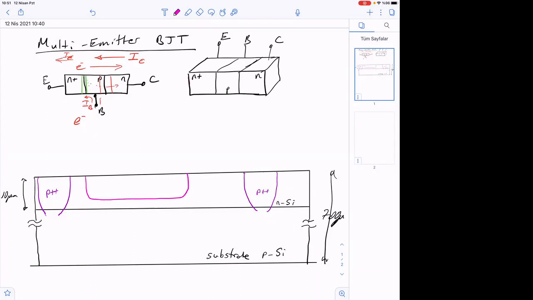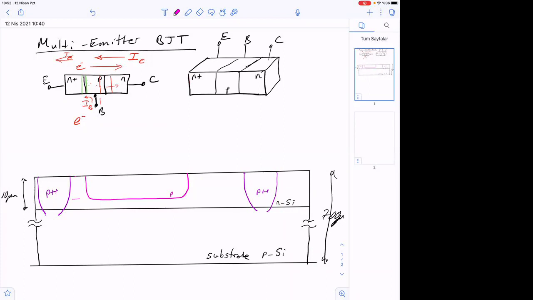So this is P-doped silicon, and that's lightly doped. The other one goes all the way in here. This one maybe is going to be 5 micron or so.